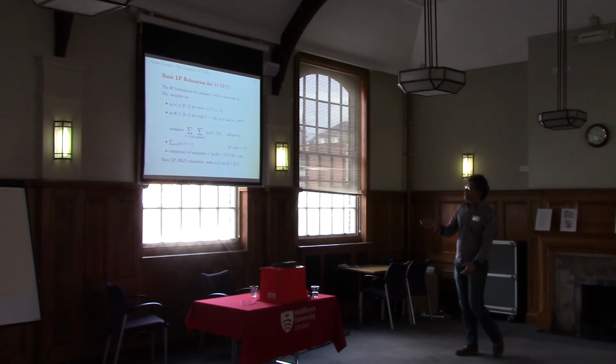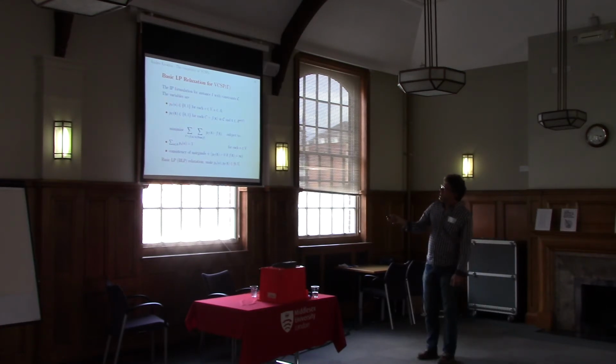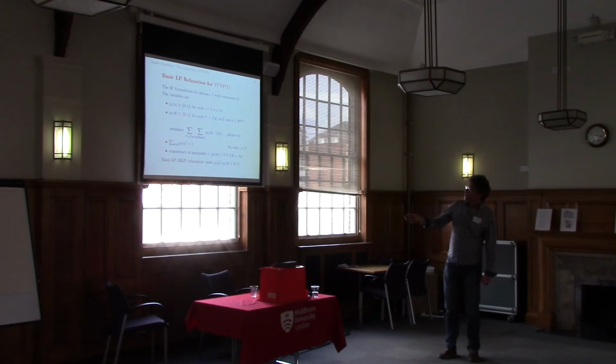So you take some variables. This is a 0, 1 variable that says whether variable v is assigned value a, and for every constraint c and every possible tuple t that you can assign to the variables in this constraint, you have a 0, 1 variable that says that t is assigned to x.